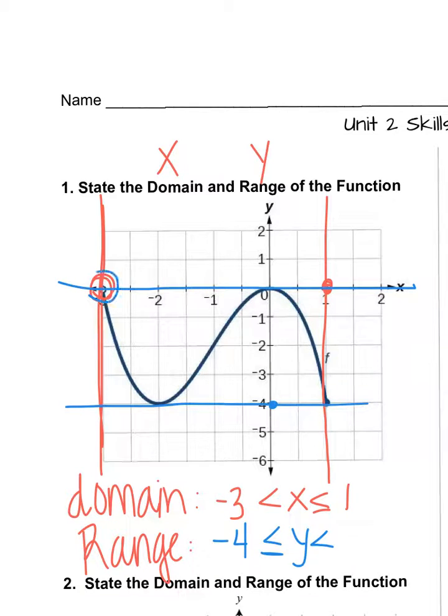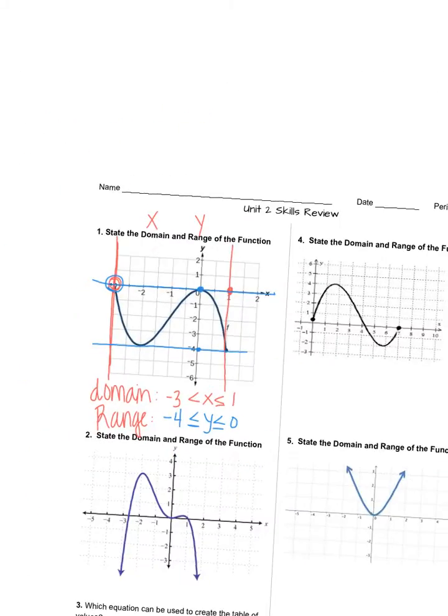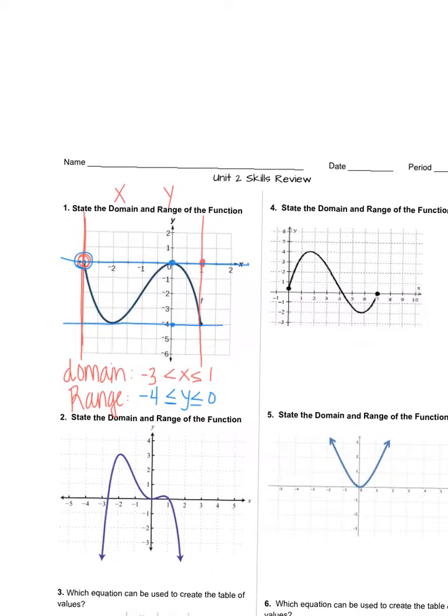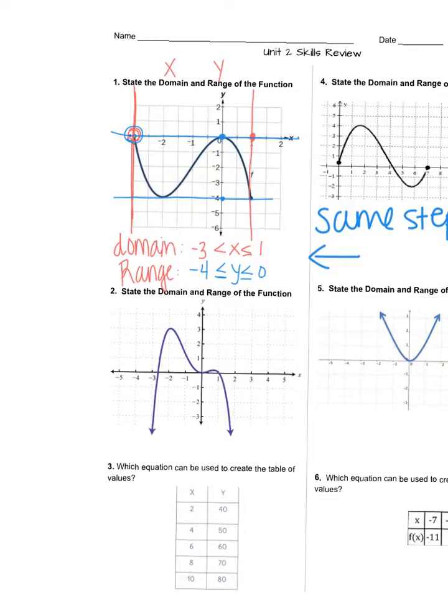And although we have an open dot on the left, we do have somewhere where it's closed, so we will put or equal to 0. You will do the same thing on number 4 as number 1. So you'll use the same steps here as we did for number 1.